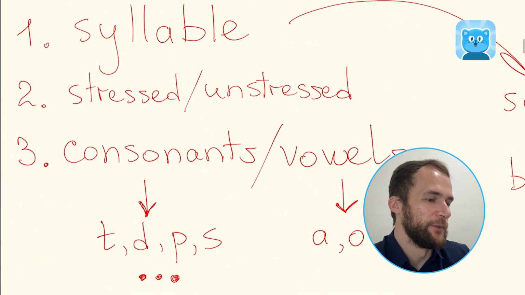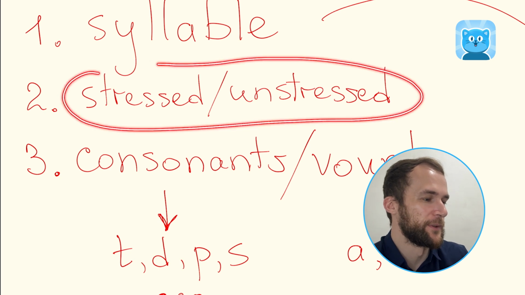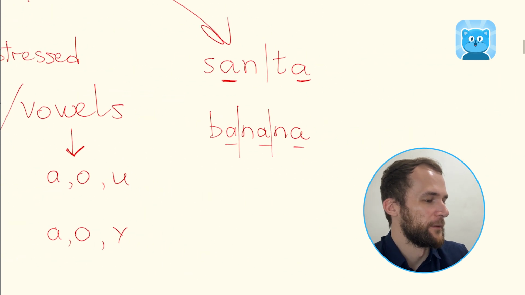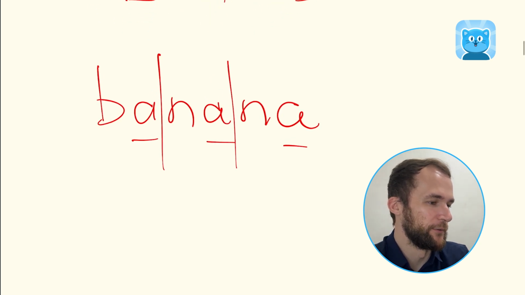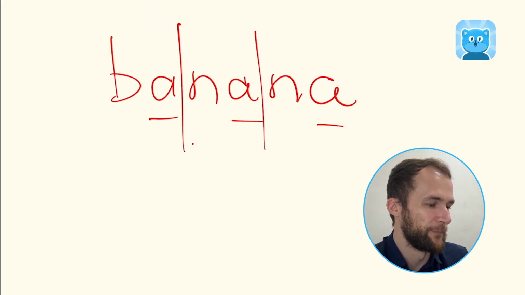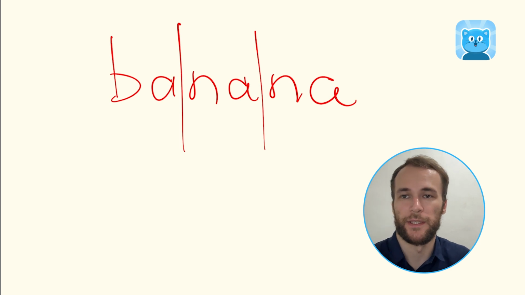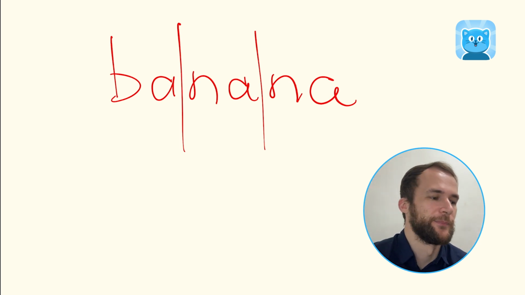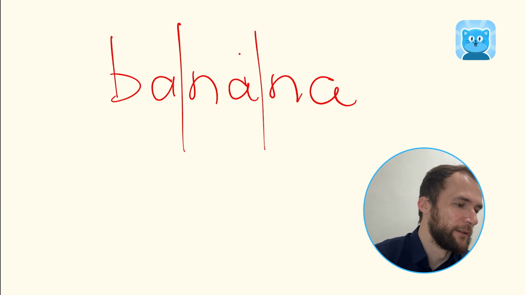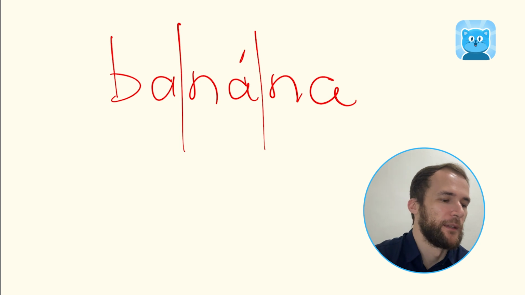Now we also need to understand the stressed and unstressed syllables. Okay, so let's take a look at banana, right? We see there are 3 syllables, but only one of them is stressed. A stress is basically an emphasis. Banana, the stress is on the second syllable, on the second vowel.